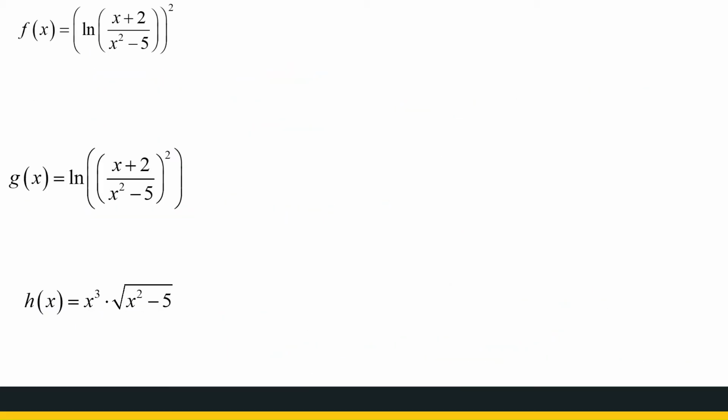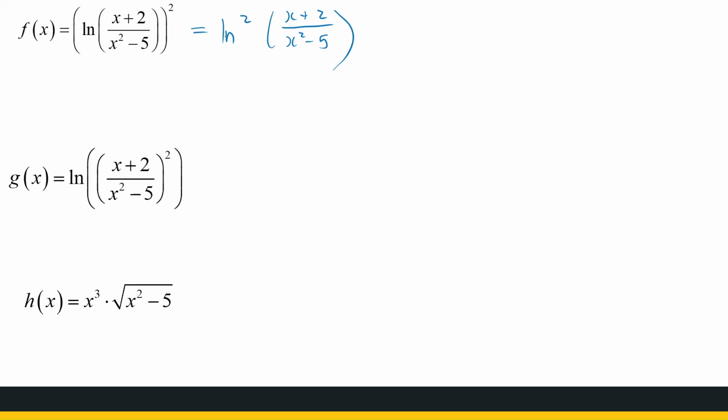All right. Now let's look at these next two questions. f and g, those two functions, they look a lot the same, but they're not the same. For f, I can rewrite that as ln squared of (x plus 2 over x squared minus 5), where the second function is just ln of that whole fraction squared. So there's definitely a difference.